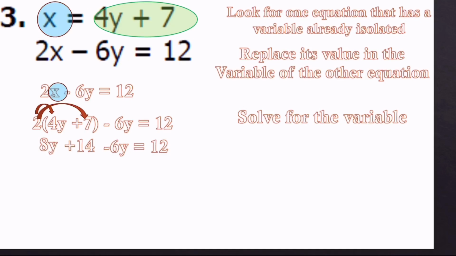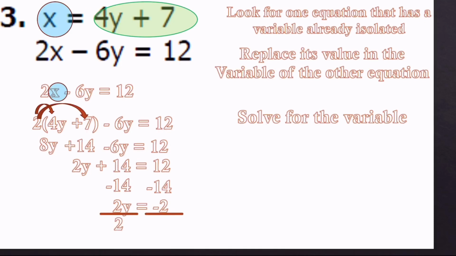When I combine like terms, I get 2y plus 14 equals 12. I would subtract 14 from both sides, so 2y equals negative 2. Divide both sides by 2. We just so happen to get negative 1 again. But what is negative 1? It's y.